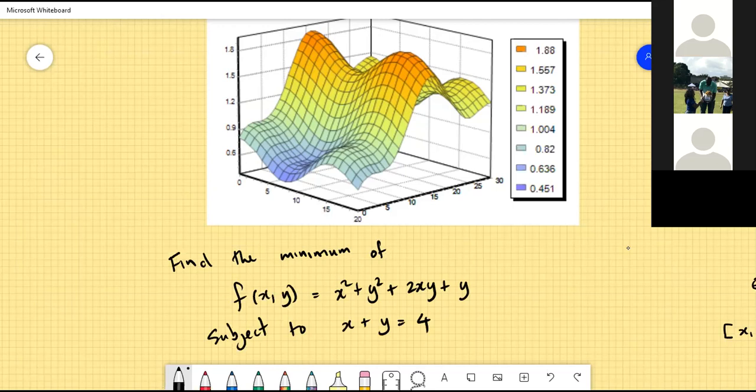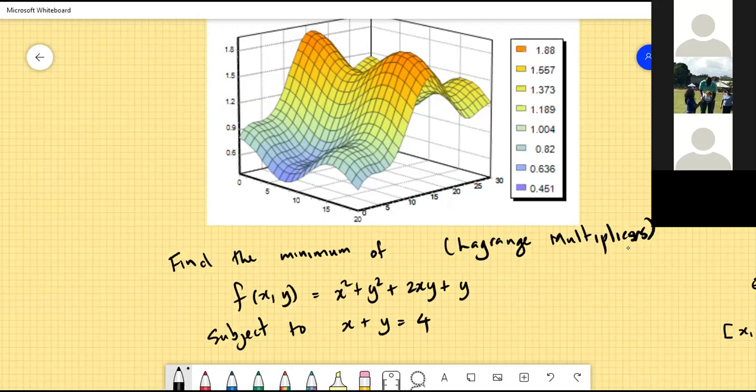So we have a two-dimensional function here.